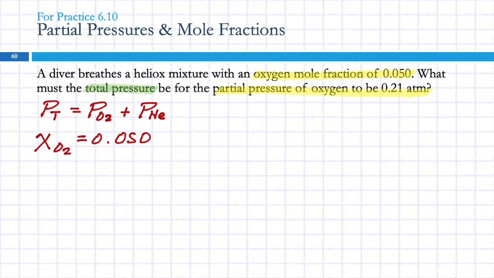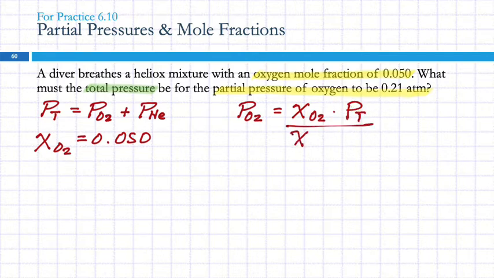So this makes me think of the equation that says the partial pressure of a gas is equal to the mole fraction of the gas times the total pressure. If 50% of the gas is one thing, then 50% of the pressure is that thing. So I want to know the total pressure here.